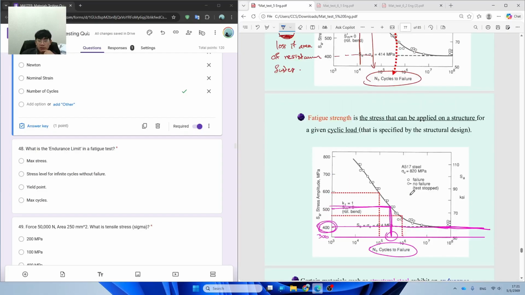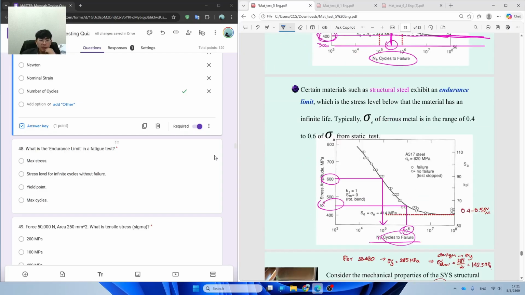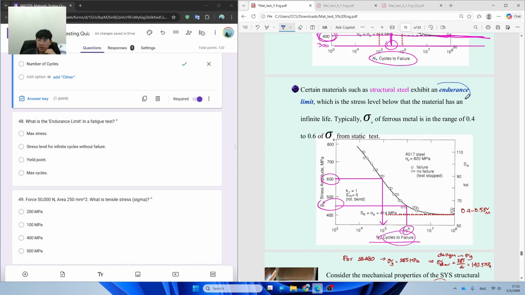One more term that is really important in our CE field is the endurance limit. So what is the endurance limit? The endurance limit is the point at which the sample is not going to fail under fatigue. It's a stress point that lets our structures not fail under fatigue. For example, the endurance limit is in between 0.4 to 0.5 of the ultimate stress.